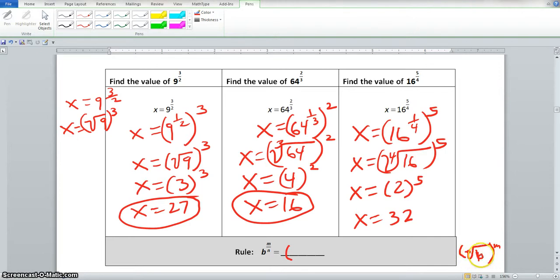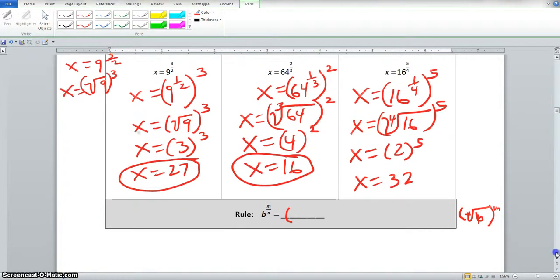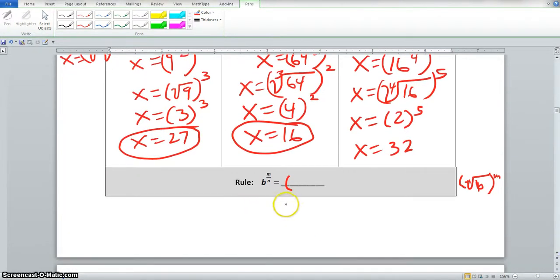So we have the nth root of b, or the base, to the m power. As a matter of fact, I'll write it down here. Hopefully it won't shift. So we have b to the m over n is equal to the nth root of b, and we'll put that in the parentheses, taken to the m power. And that's what goes here.